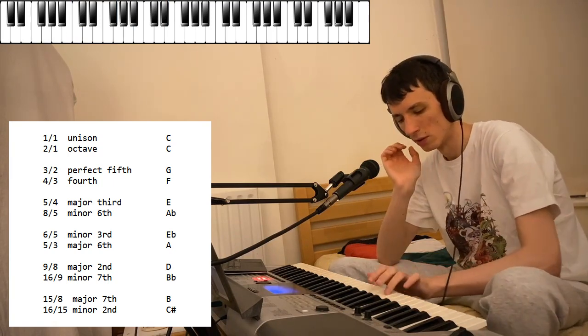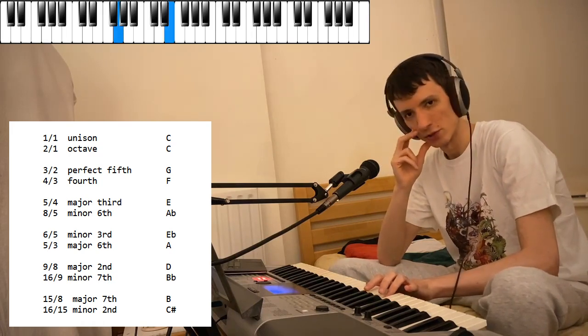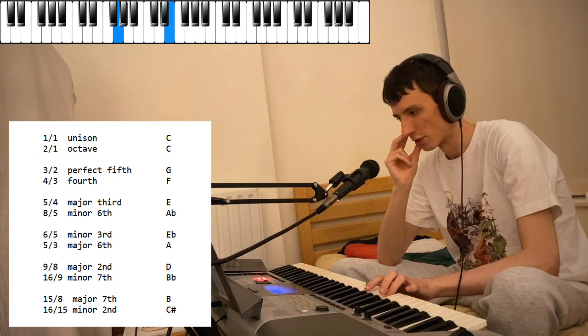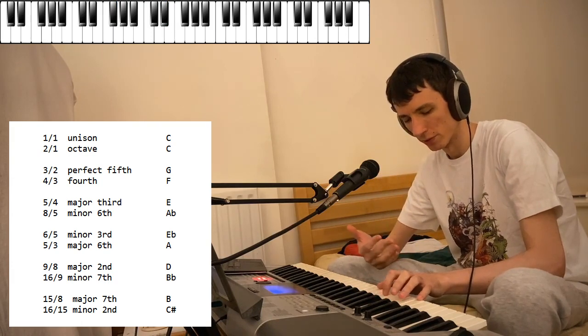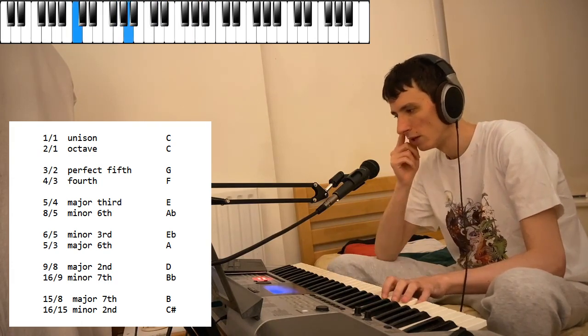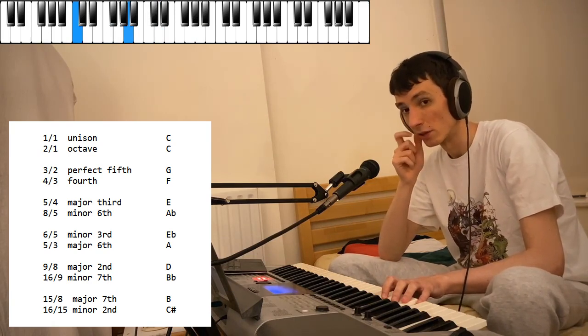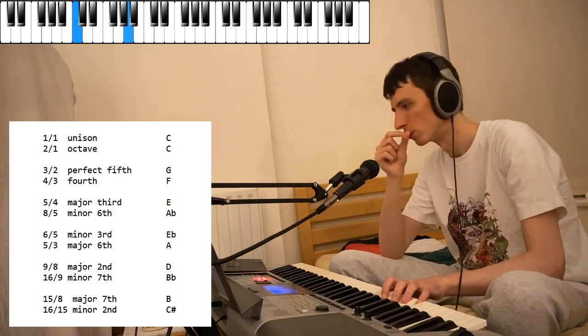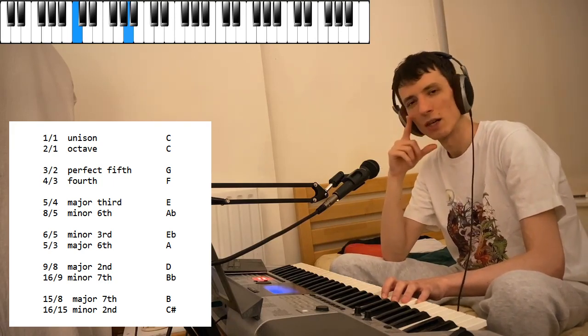So this one, this major sixth is 5/3, which is about 1.67. But this one that we constructed by stacking 3/5, right? That one is 27/16, which is 1.69. So not 1.67, but 1.69. So they're close.